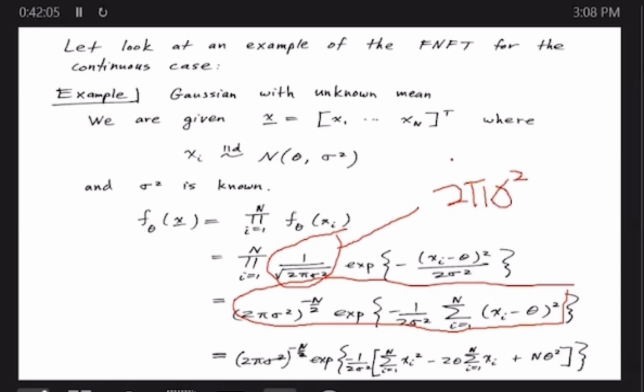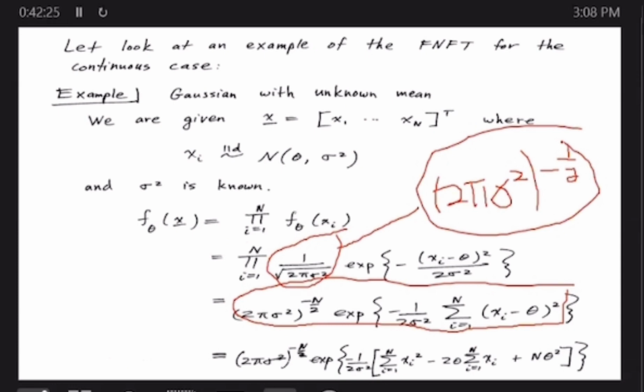Don't forget, 1 over that, if I wanted to move it up, is going to be negative half. And if I raise it to the power n, then it's going to be that.